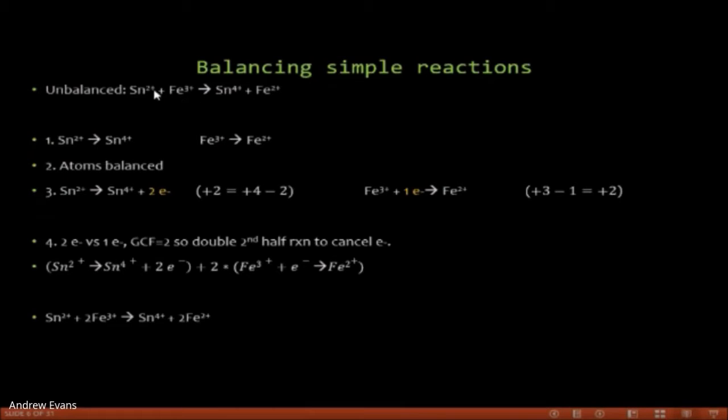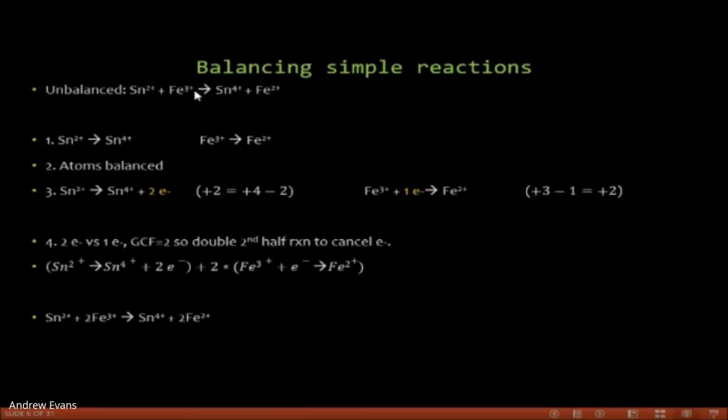Looking at this problem, Sn2+ plus Fe3+ goes to Sn4+ and Fe2+. On its face, that looks balanced. There's 1 iron, there's 1 iron. There's 1 tin, there's 1 tin. However, if you look at the total overall charge, the charges are not balanced.